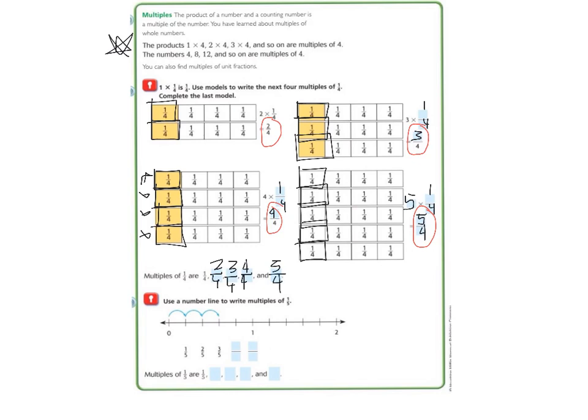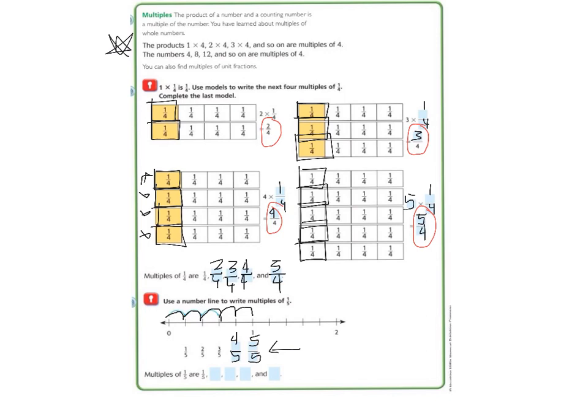Now lastly here at the bottom, they're going to use fifths, and we're going to count by 1/5. So you can see, here's my 0, and I'm going to count 1/5, that's 1 times 1/5, 2/5, 2 times 1/5, 3/5, 3 times 1/5, and we need to know the next 2. So the next one would be 4 times 1/5, which would be 4/5, and 5 times 1/5, which would be 5/5.